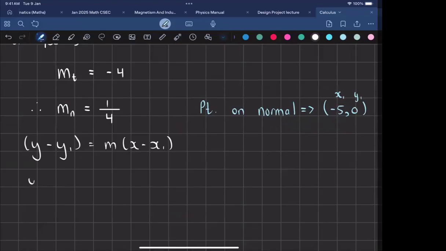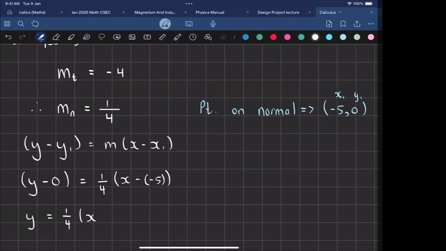So you're gonna say y minus y1, which is 0, equal to m, which is a quarter, by x minus x1, minus minus 5. Right? Y minus 0 is just what, Aliyah? Y. Right? And let's simplify the brackets.